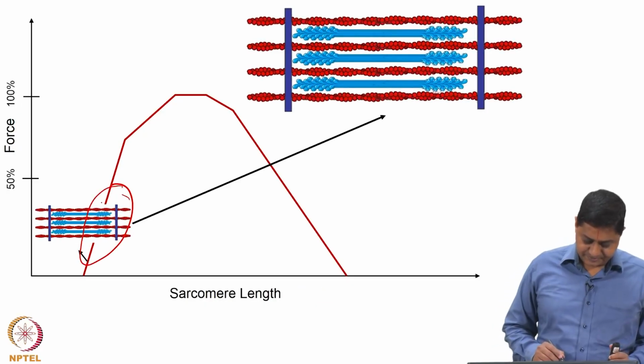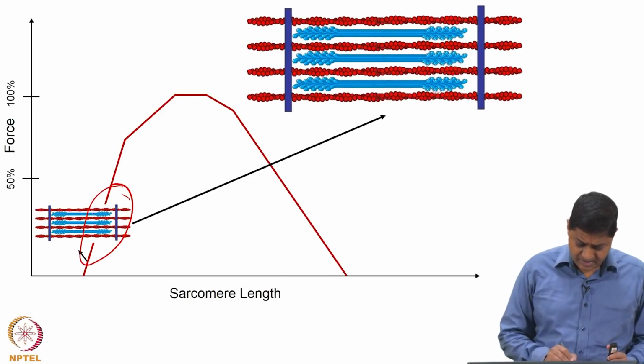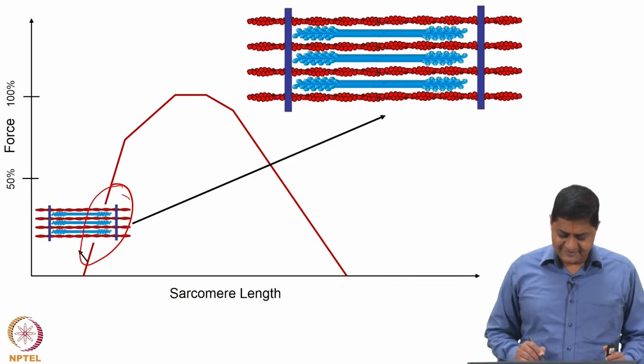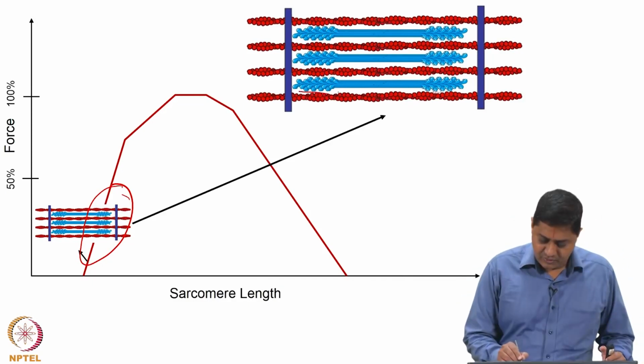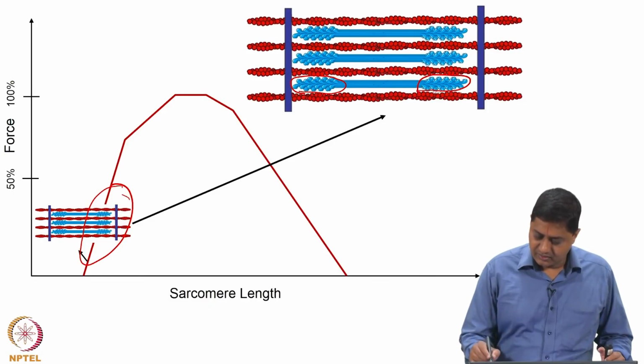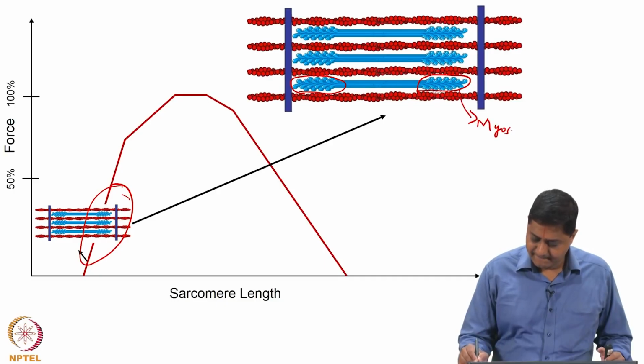So, to zoom in, what you see is that the blue colored filaments here are of course myosin, the red colored ones are actin.